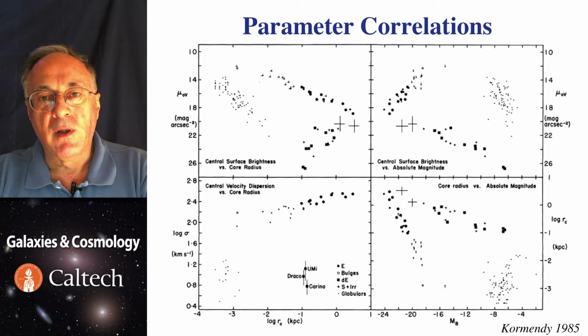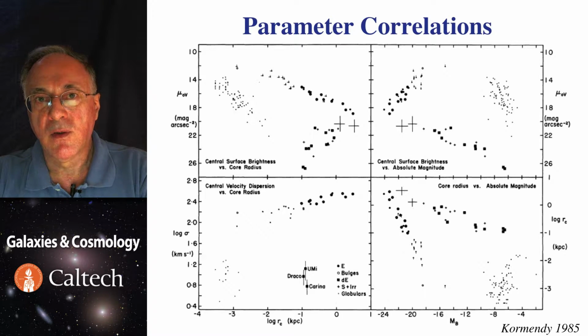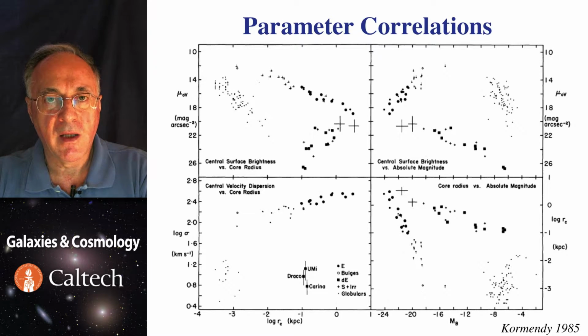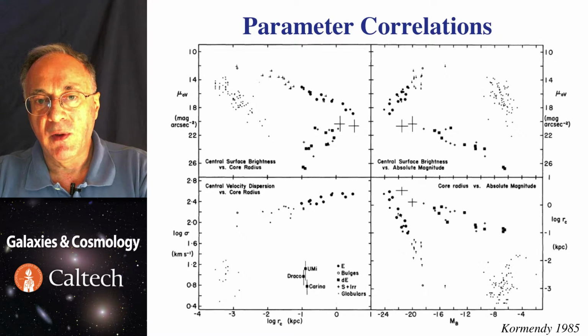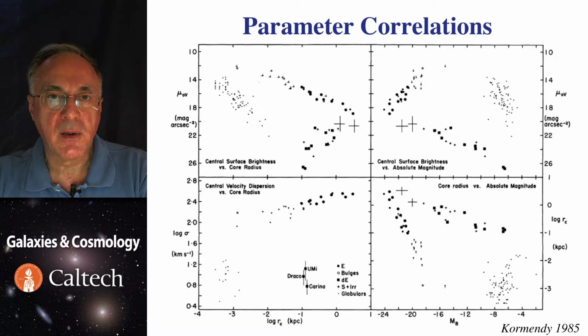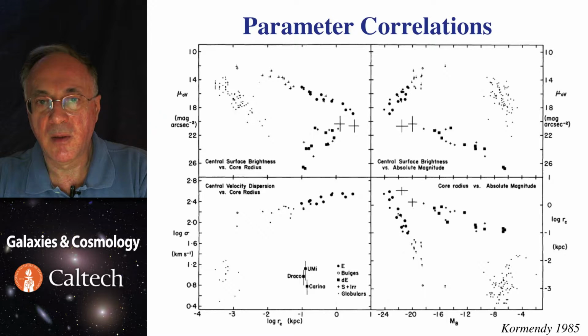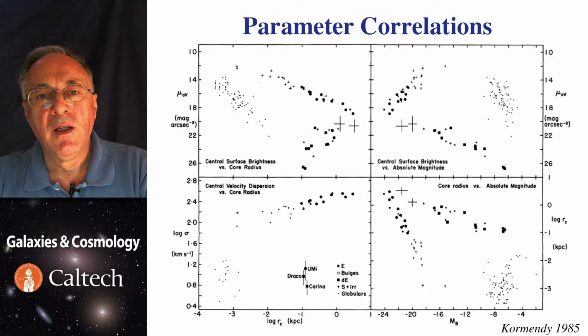So here is a set of correlations produced by John Kormendy that shows some properties of elliptical galaxies, dwarf spheroidals, and globular clusters, which really don't belong in this diagram at all, but they're there just for symmetry's sake, as old stellar systems.